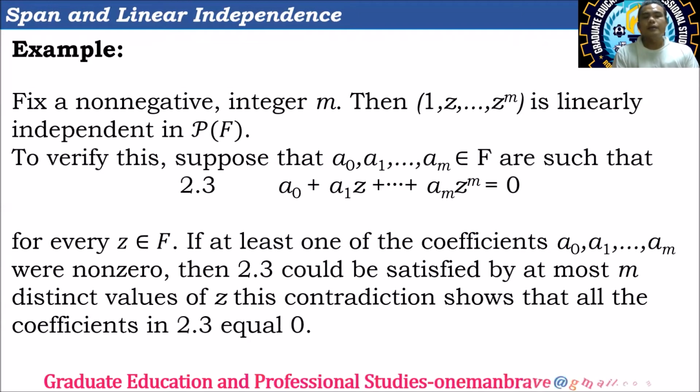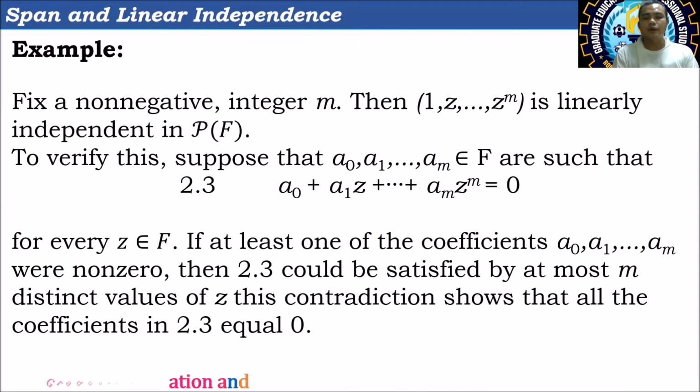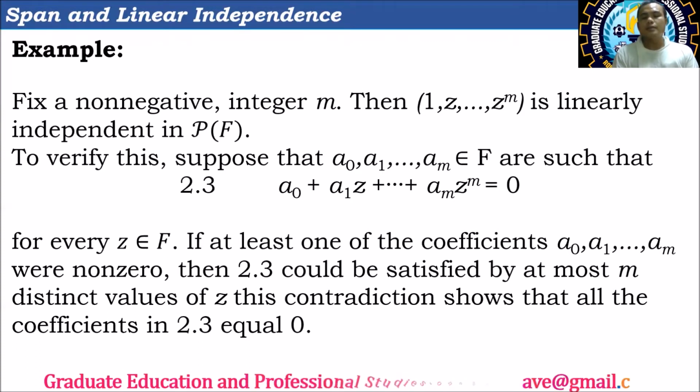To verify this, suppose that a0 until am are elements of F such that a0 + a1 z + ... + am z^m is equal to 0 for every z, which is also an element of F. If at least one of the a's were non-zero, then the given equation could be satisfied by at most m distinct values of z, which is a contradiction.